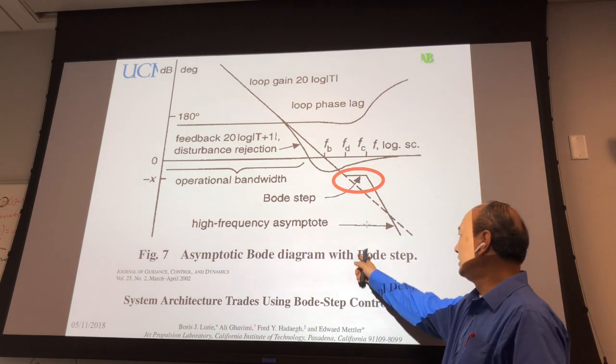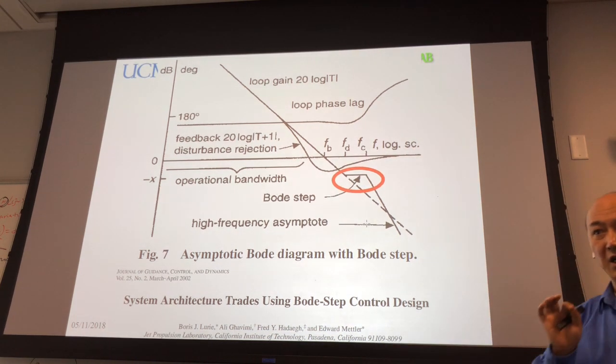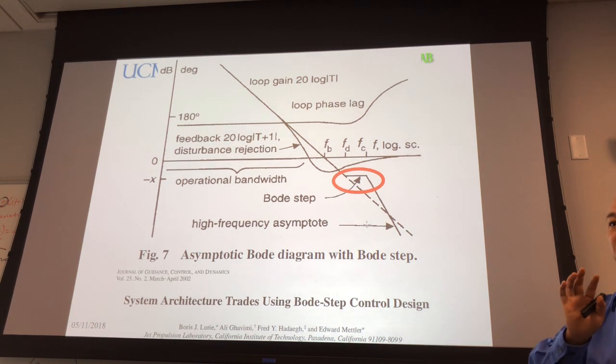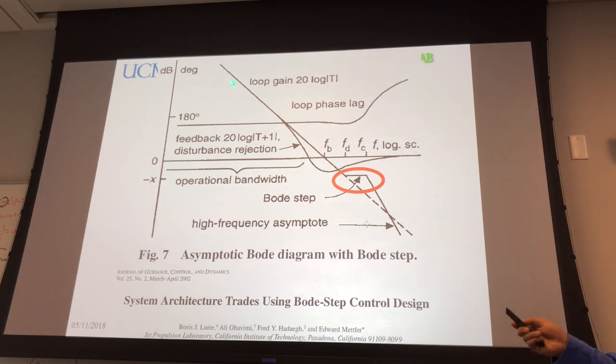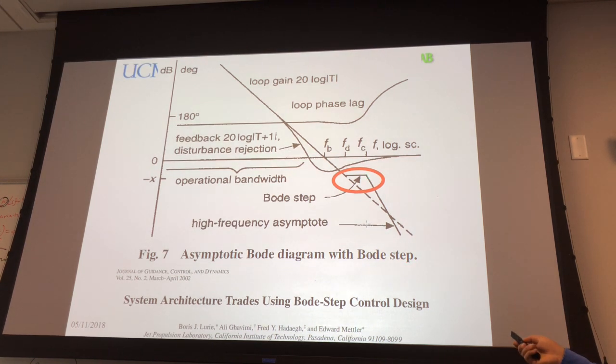So I think this is not widely known. This is a principle of how you shape your loop. So basically he said you should do this, and this is the original system, and you make it cross over here with a slope of 1.6 order. Then you keep it flat for a period, then you go down very quickly.